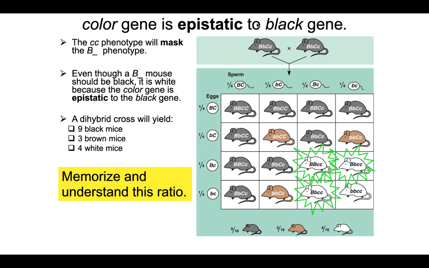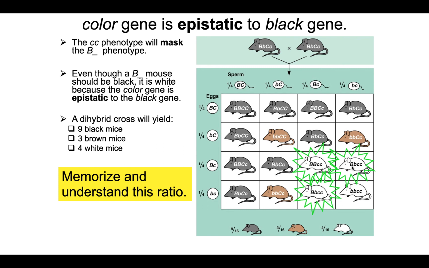So when we do a dihybrid cross, two black mice that are heterozygous at the B locus and heterozygous at the C locus, and we cross them together, normally you would expect to see a 9:3:3:1 ratio. But here you don't, because the little c allele is epistatic to the B gene.